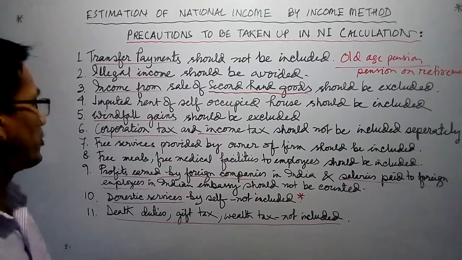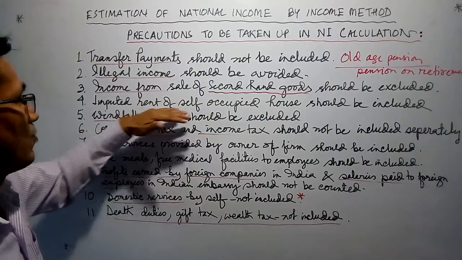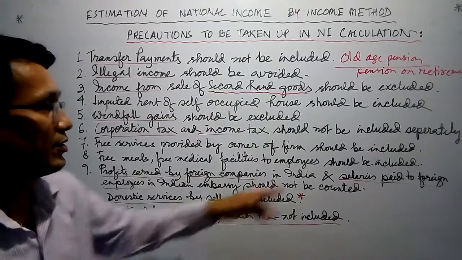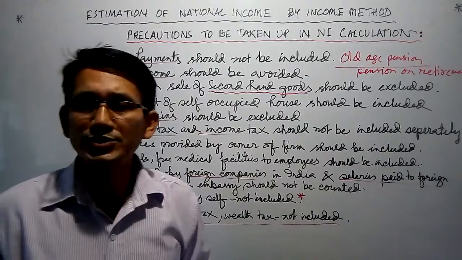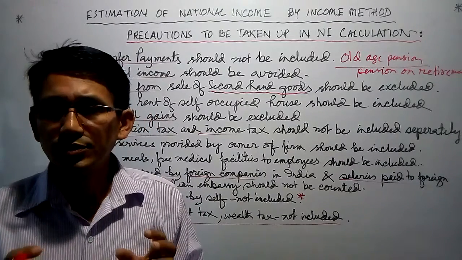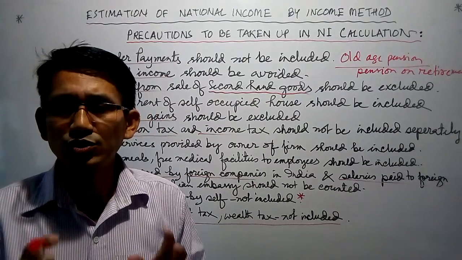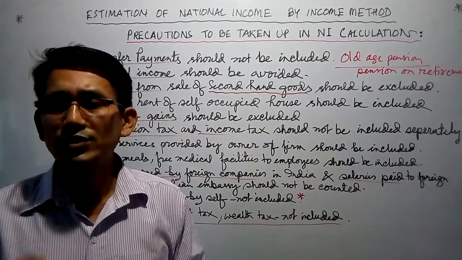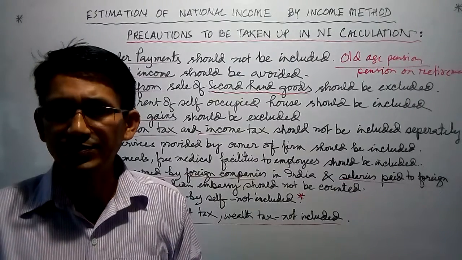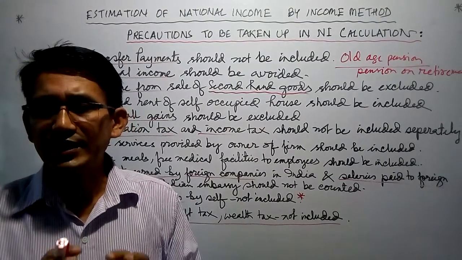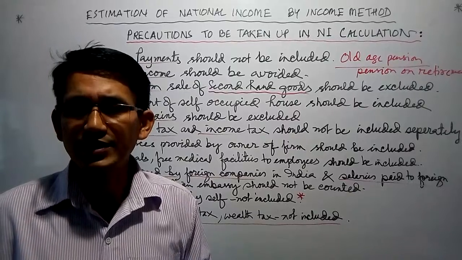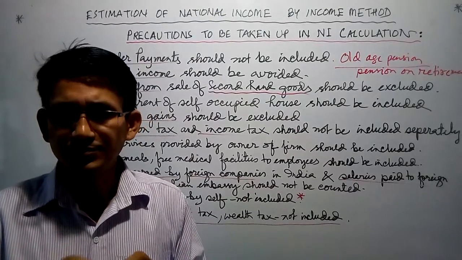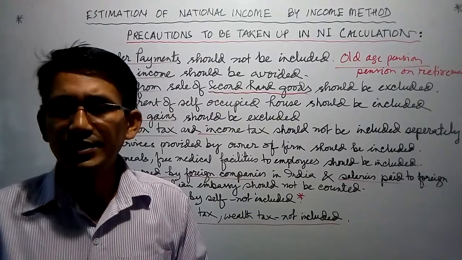Then the next point is imputed rent of the self-occupied house. It should be included. The owners of self-occupied houses do not pay any rent to others, but the imputed value of their rents can be calculated by gathering information about the rents prevailing in the market for similar houses.